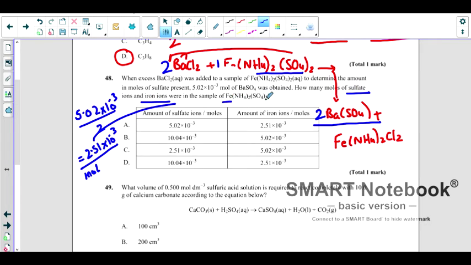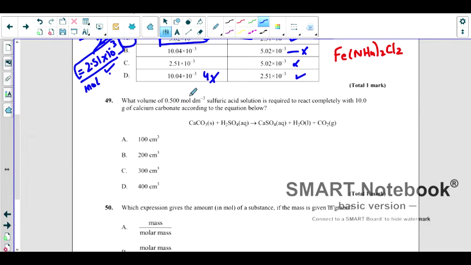If iron is 1, SO4 is double. So you have only 2.5 × 10^-3 moles. So the answer you select is A. Why? Because if you have iron this much, the sulfate ions are double. We don't have this much quantity because the total amount is this. If we choose this one, it is 4 times, but it's not correct. We have here 2 times, double. So the correct answer for this is A.